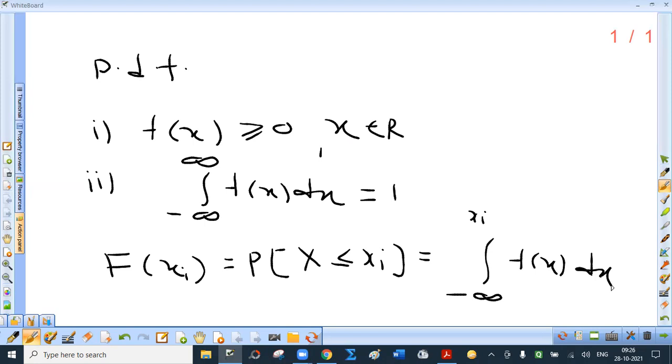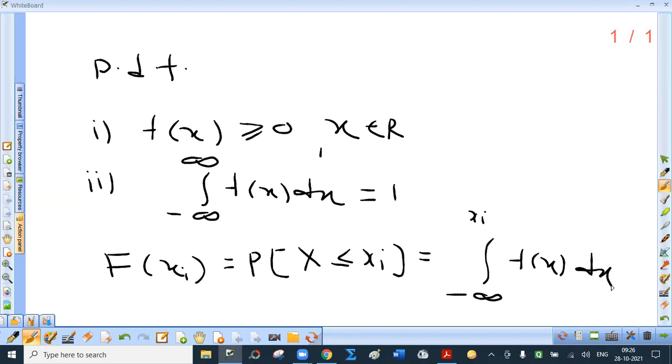I repeat, in case of discrete random variable, they use PMF, probability mass function, and in case of continuous random variable, they use probability density function. Okay, we'll solve just one sum, so that will give an idea.